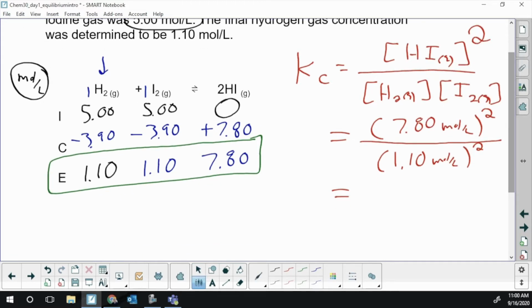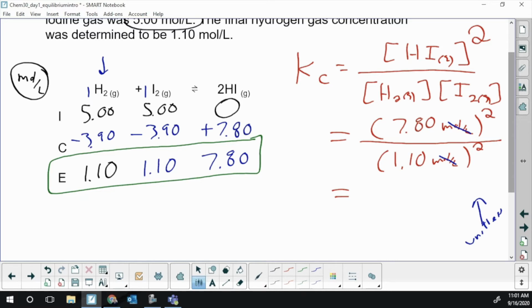We've got 2 moles on the top, 2 moles per liter, and it's squared. And we've got moles per liter squared on the bottom. So the units cancel each other out. Even if they don't, Kc values are always unitless. That's what the governing bodies say. So even if they don't cancel, do not put any units here.